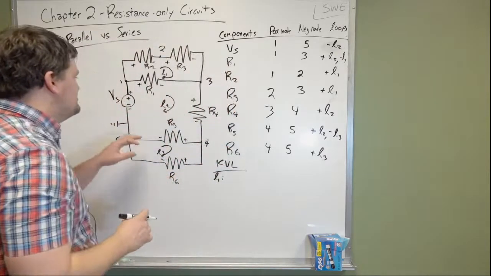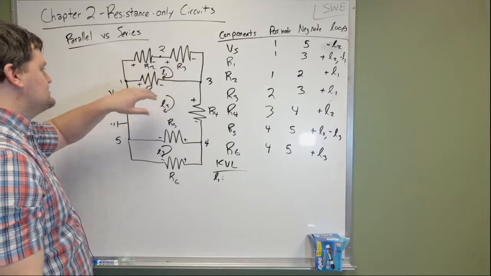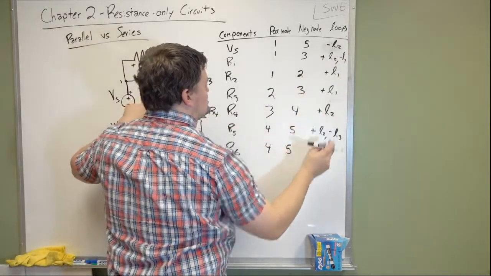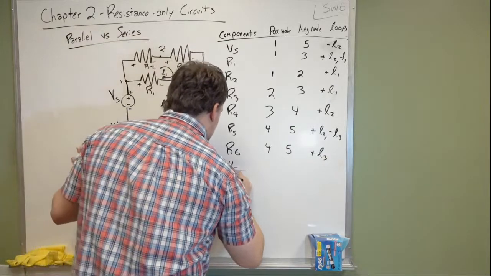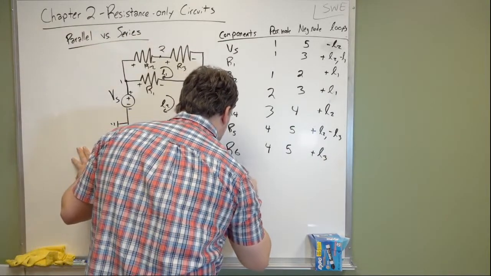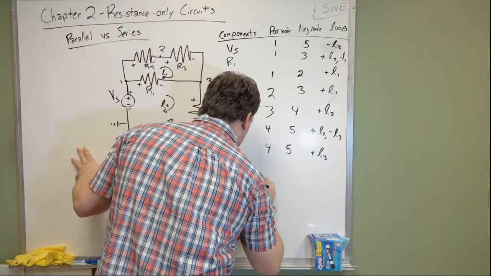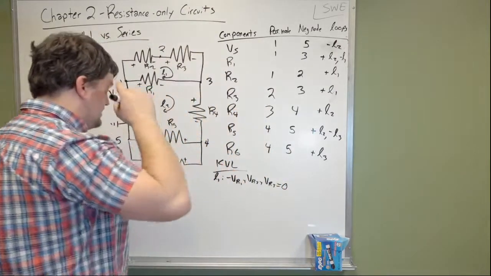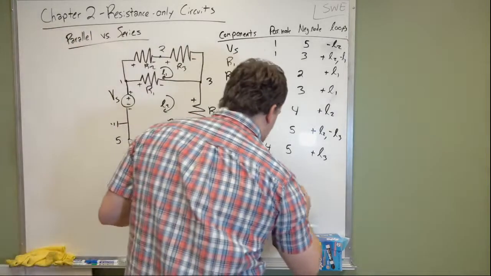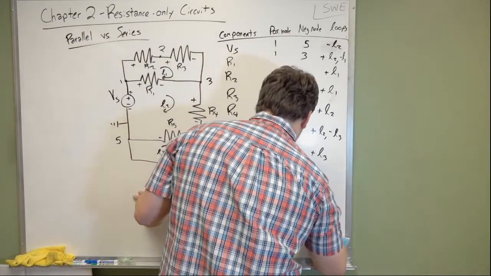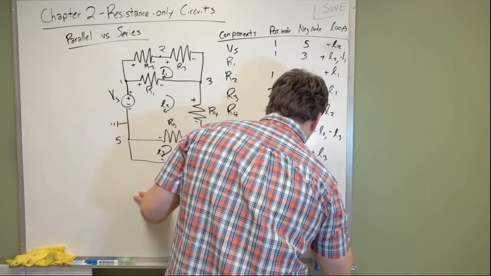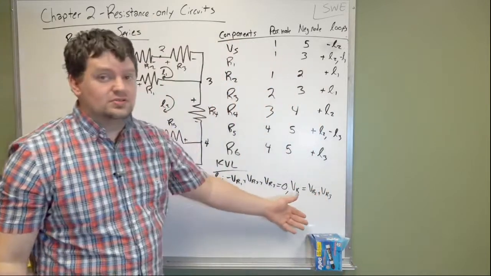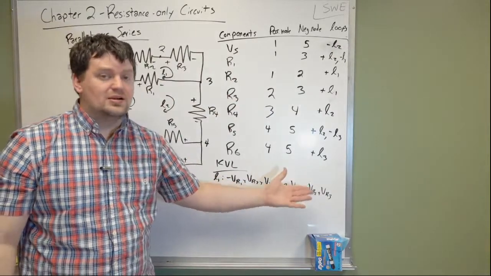In loop 1, what you have is you have 3 components. R1 is the negative one. R2 and R3 are both positive. So you have negative VR1 plus VR2 plus VR3 is equal to 0. Okay? Now if we rearrange this equation, what you end up with is VR1 is equal to VR2 plus VR3. Now, this is indicative that the components are parallel.